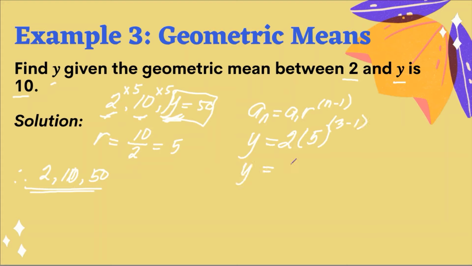So y is equal to 2 times 5 to the power of 3 minus 1, which is 2. So y is equal to 2 times 5 squared, which is 25. Therefore, y is equal to 50. So it's the same answer. Okay?